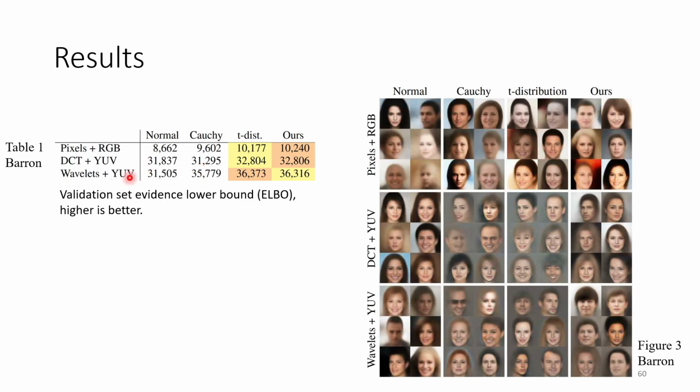And for the wavelet plus the YUV case, the T distribution is still better than his algorithm. However, they are comparable and similar to each other. It means his proposal is still worthy for some points.